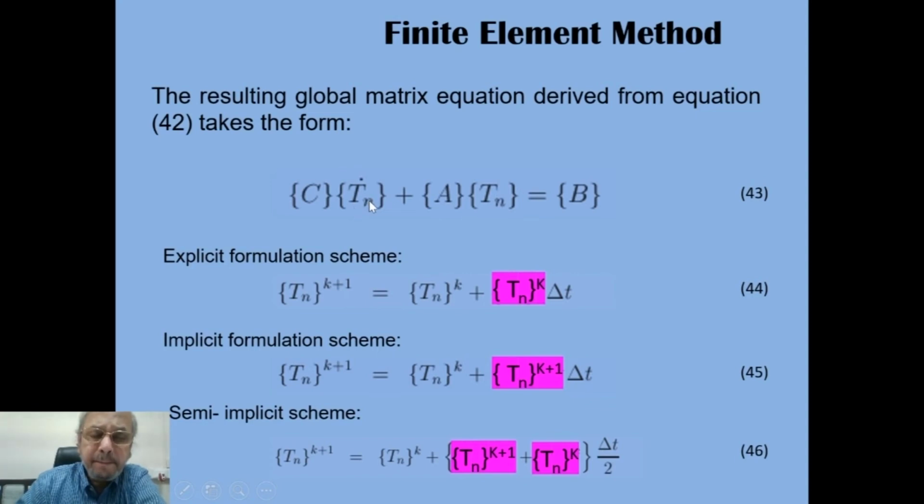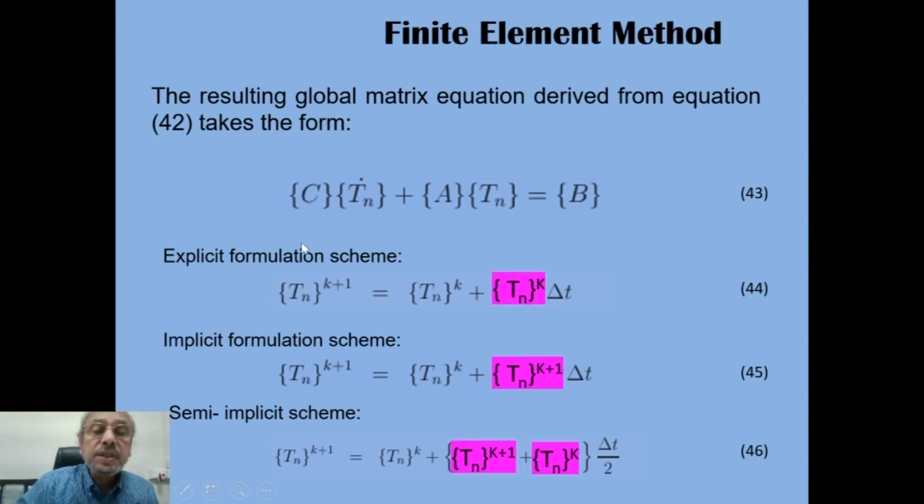The time derivative of temperature is also multiplied by the global matrix. So we have to now evaluate this. In order to solve this equation, we can go for an explicit formulation.